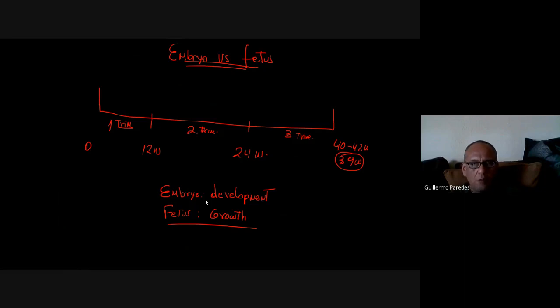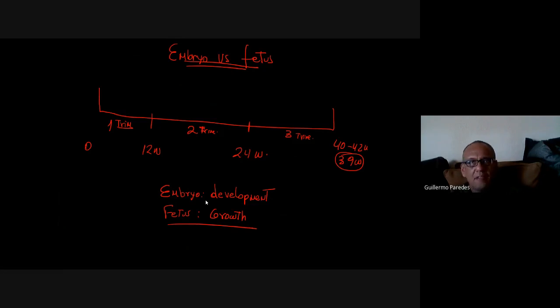At 3 to 4 weeks, the heart forms. At 5 weeks, the respiratory tract is formed. At 6 weeks, the GI tract. At 7 weeks, the kidneys. At 8 weeks, the bones and muscles. 9 weeks is the rest of the body.